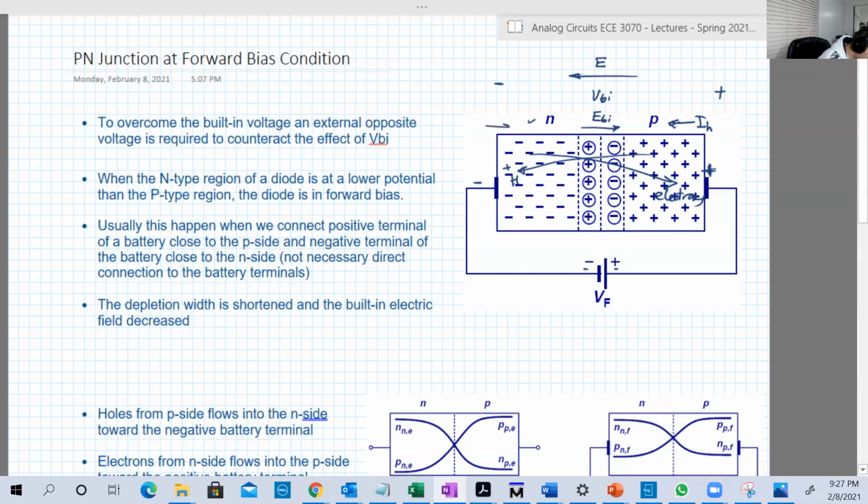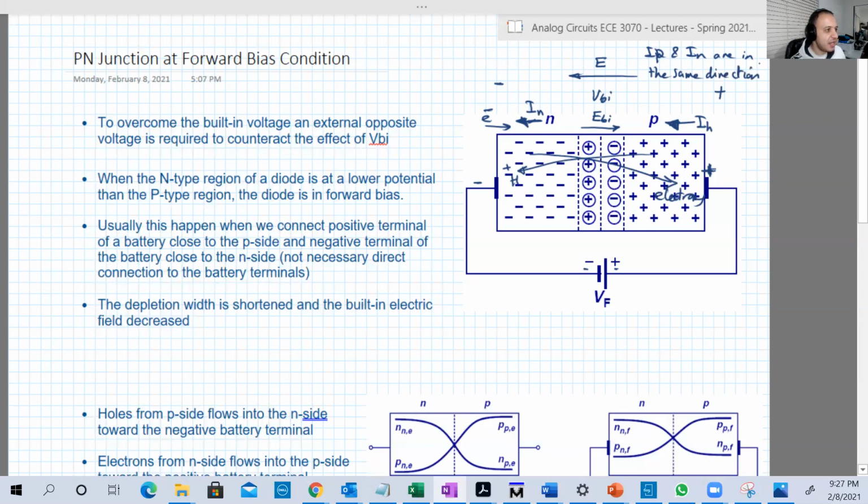Electrons move in that way, so I_E or I_N is in that way, opposite to the electrons and the same way as the hole current. So the hole current and the electron current, or I_P, let's call it I_P, are in the same direction.